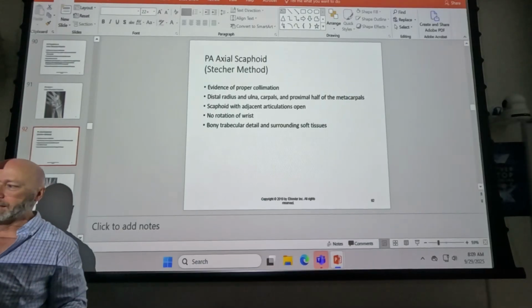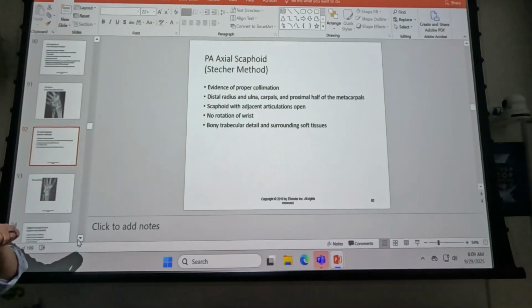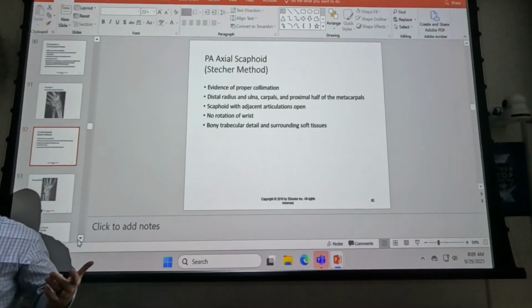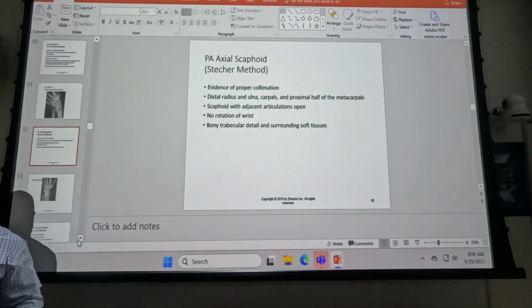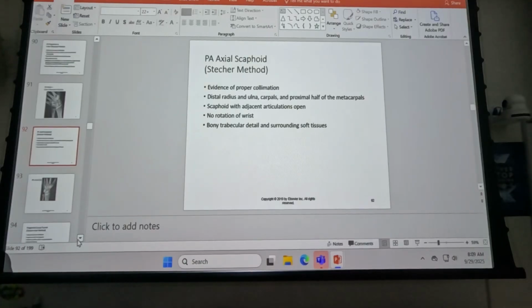The scaphoid again is on the lateral side of the wrist, so it's on the thumb side of the wrist, and either 20 degrees cephalic angulation or use that 20-degree sponge. So you've got two different things. One is ulnar deviation and one is the Stecher Method. Stecher Method being that 20-degree angle, however you accomplish that.